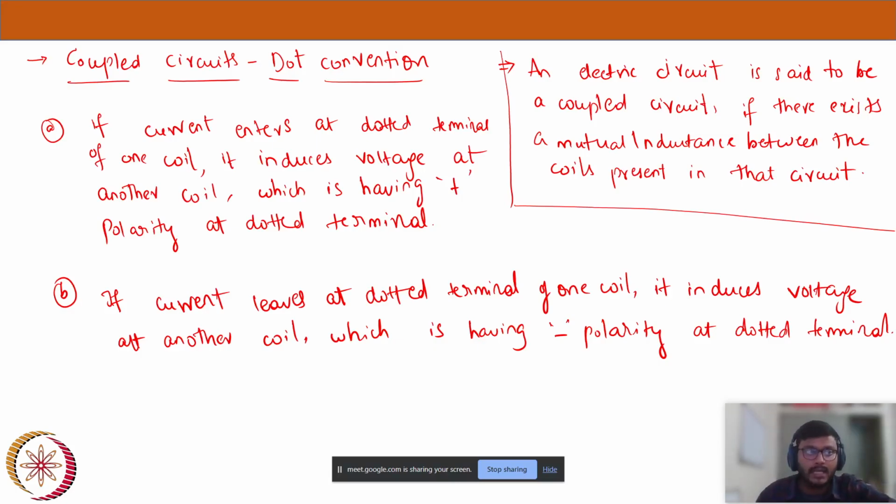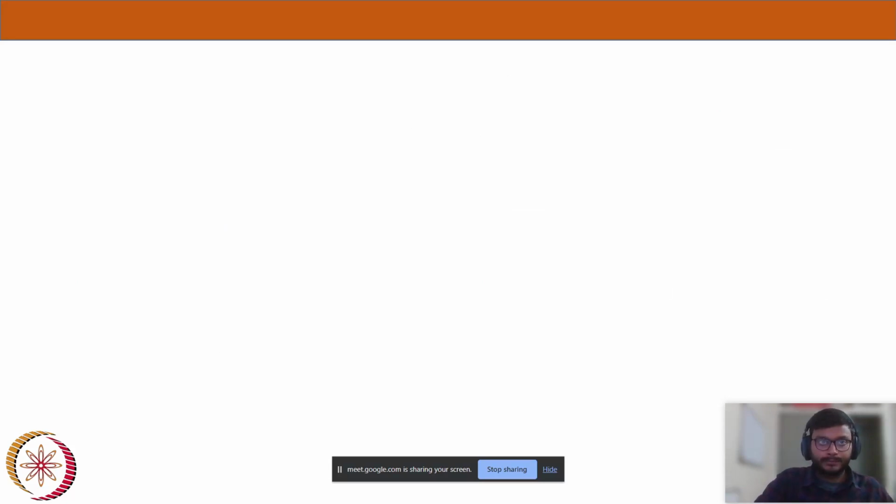Now we will see what kind of couplings we'll have in this dot convention, and we'll also see some basic circuits and how this dot convention will help in understanding the aiding connection and how it will help in understanding the opposing connection.